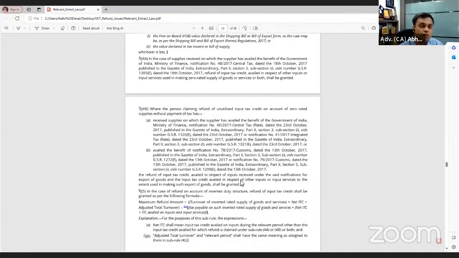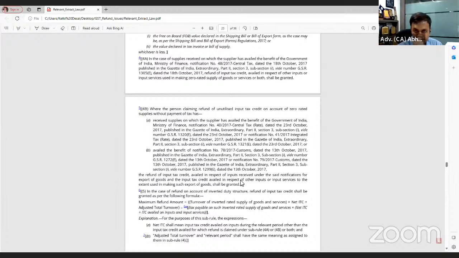If you see this sub-rule 4B, what it says is that when a person is claiming refund of unutilized ITC, when he is making the zero-rated supply under LUT without payment of tax, and the person has availed the benefit under notification 78 or 79, which we saw earlier, the benefits available under the exemption of GST under the advance authorization scheme or the exemption available under the EOU scheme, in both the situations, sub-rule 4B says that refund would be available.